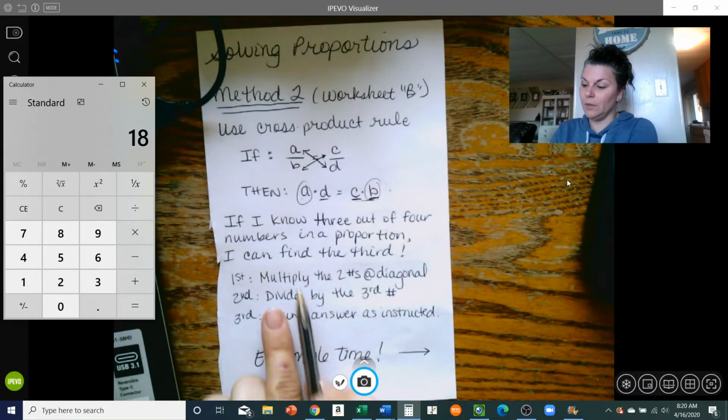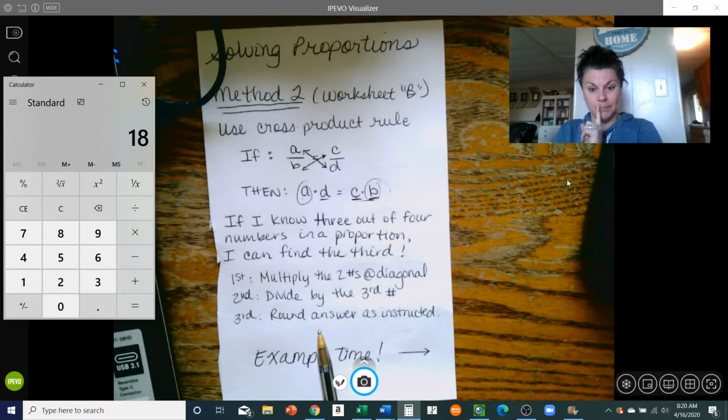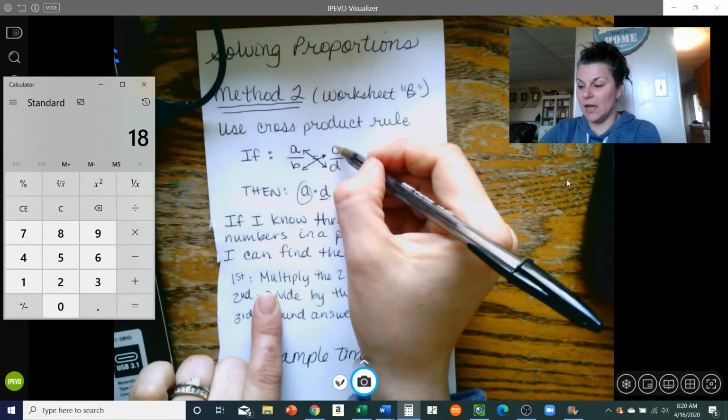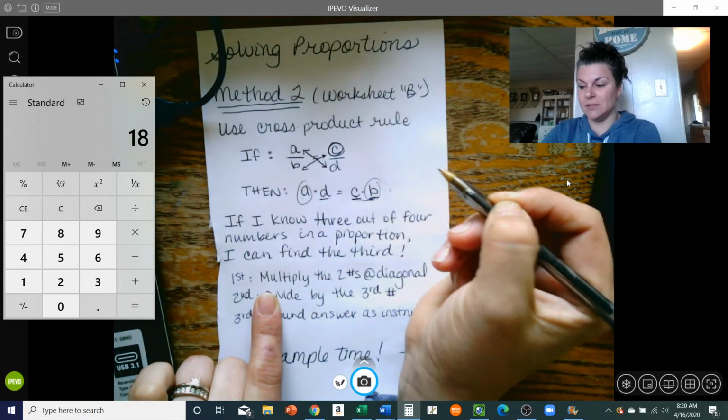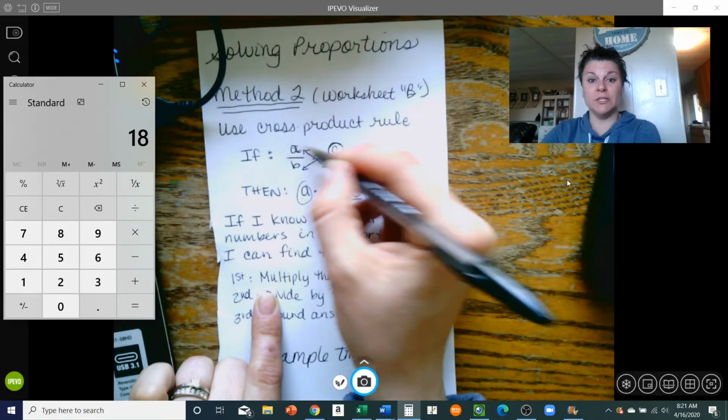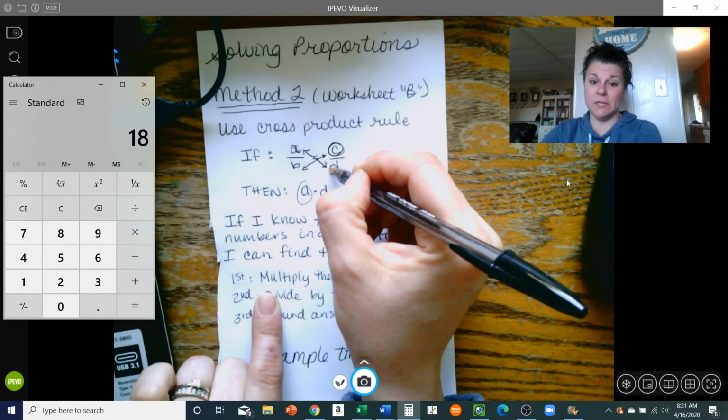Okay, so you'll have your proportion, you'll have a missing number. Okay, you multiply the 2 numbers that are at a diagonal to each other. So like if I don't know what C is, I'm going to multiply A times D, because there are going to be 2 numbers that I know that are opposite each other.